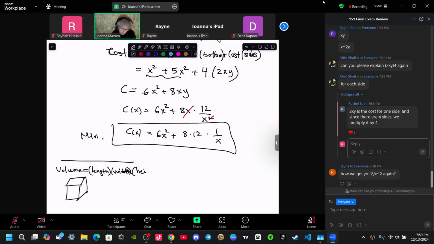So the length is x, the width is x, the height is y. So this is x squared times y, but they told you the volume is always 12. Therefore x squared y is equal to 12. Therefore y is equal to 12 over x squared.